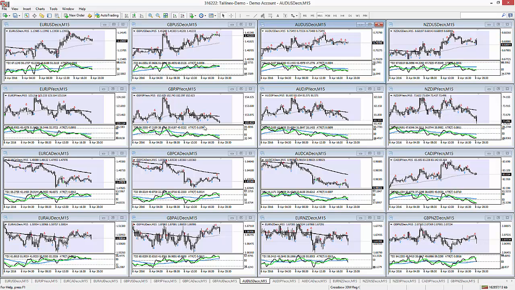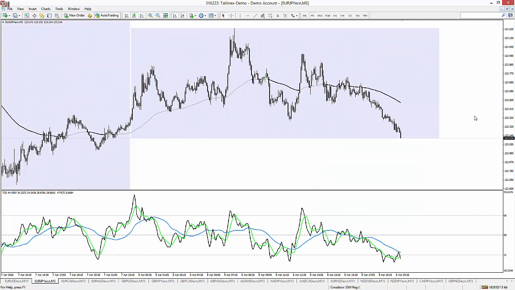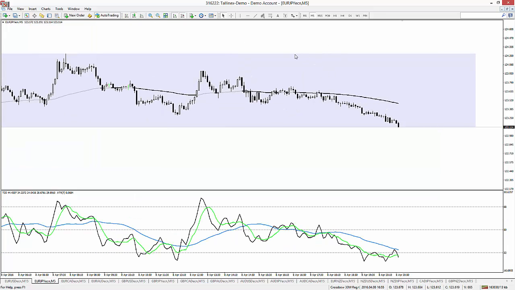So here we have, let me find something that's a pair that you guys trade. Okay. These are patterns that we see all the time during the day.